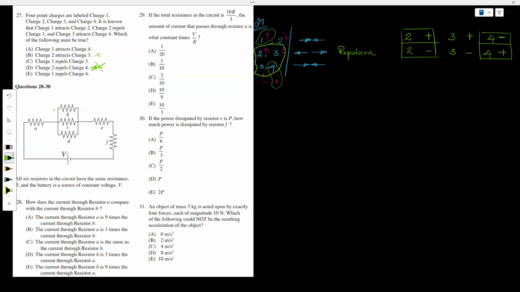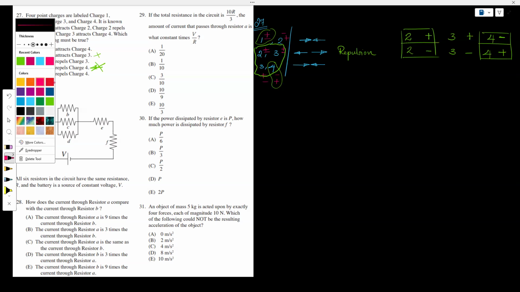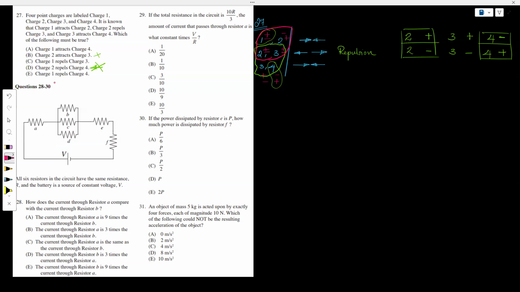Then charge 1 repels charge 3. That also we can get a correlation because we have 1 and 2 and 2 and 3. So when charge 1 was positive, charge 2 is negative. When charge 2 is negative, charge 3 should have been negative. When charge 1 was negative, charge 2 is positive, and 3 should have been positive as well. And we are pairing 1 and 3, right?